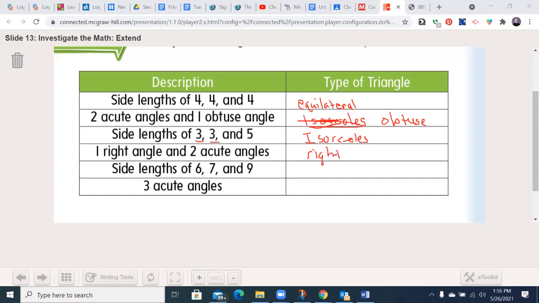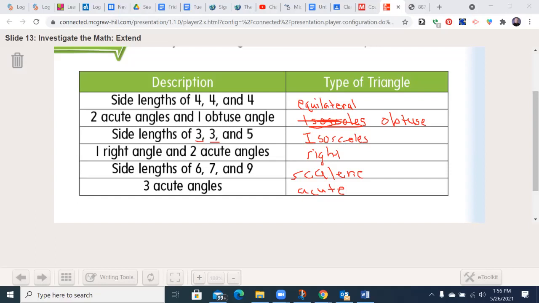Side lengths of 6, 7, and 9 are going to be scalene because there are none the same. And 3 acute will be an acute triangle. So you notice that we're going off of 2 different groupings. In your book, you have isosceles, equilateral, and scalene for if there's 2 sides congruent, 3 sides, or none.